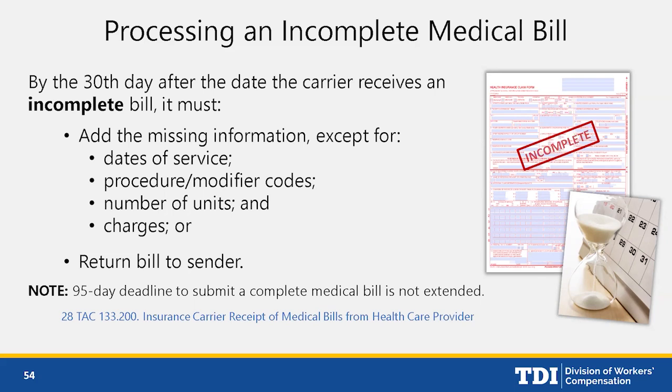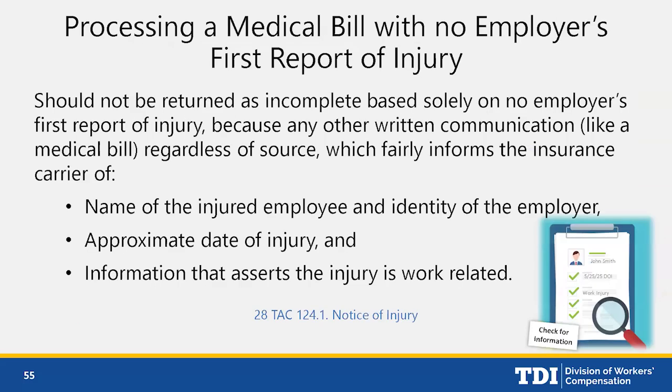The social security number is only required when the injured employee has one. If the injured employee doesn't have a social security number, the field can be left blank. And that's again in section 133.10 of the Texas Administrative Code, actually 133.10 subsection G. Note that the 95-day deadline to submit a complete medical bill is not extended when the insurance carrier returns an incomplete bill.